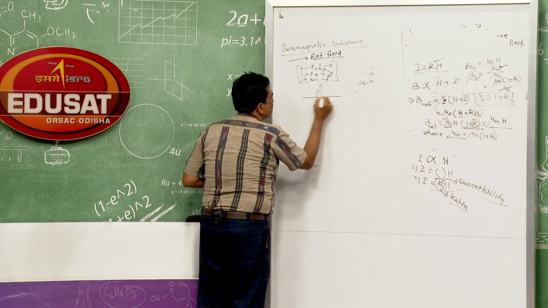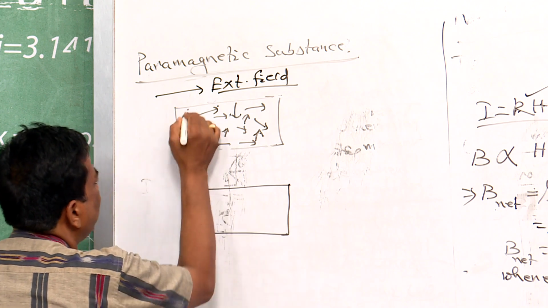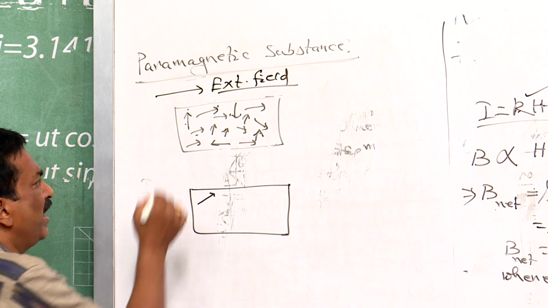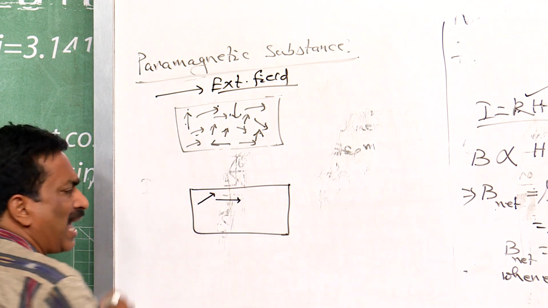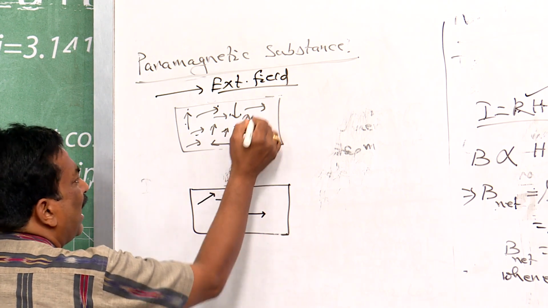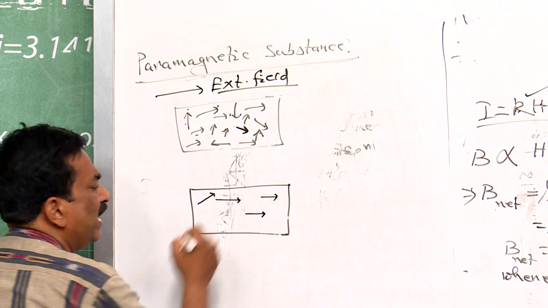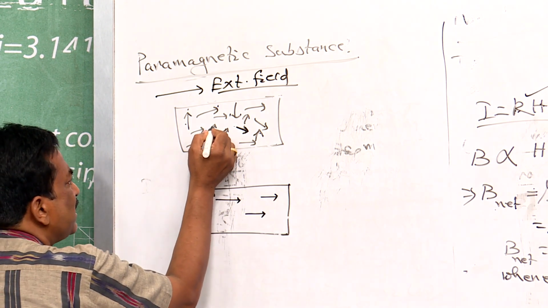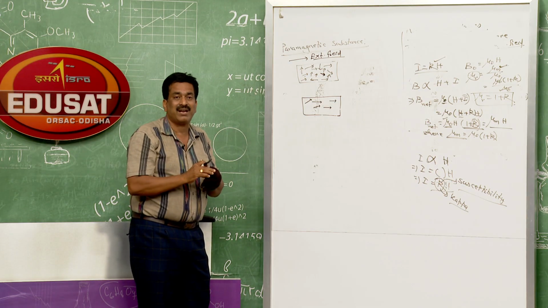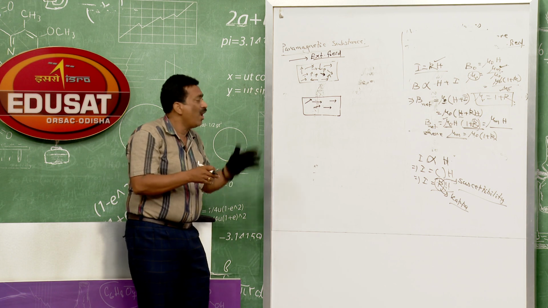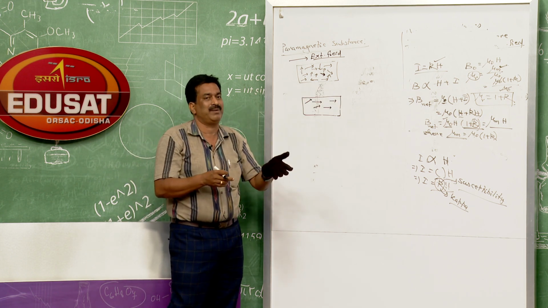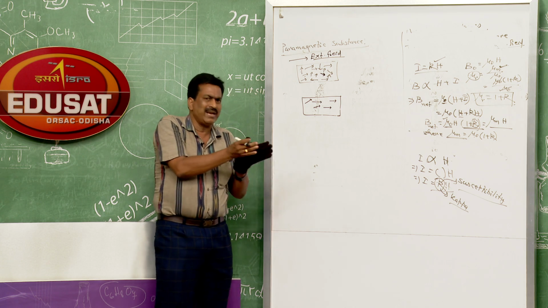On this sample, this is one dipole, it will try to align; this is in this direction, it will try to align; this is already in that direction, it will remain. But we cannot say that when the magnetic field is applied all of them align along that direction, but most of them will try to align in that direction.